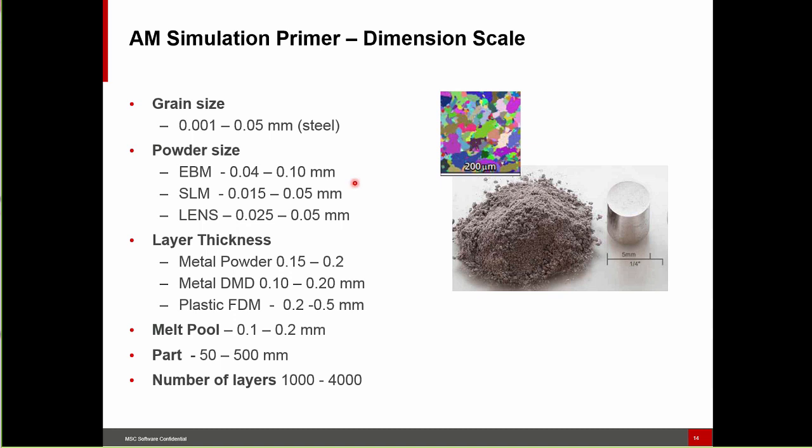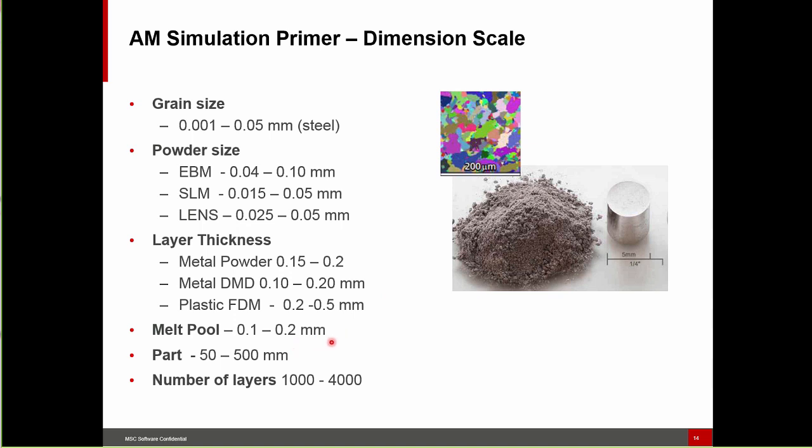We layer up the powder in multiple layers, and the layer thickness is a fraction of a millimeter. We can look at the heating area, the heat affected zone or the melt pool, and that also is one of the more critical dimensions.